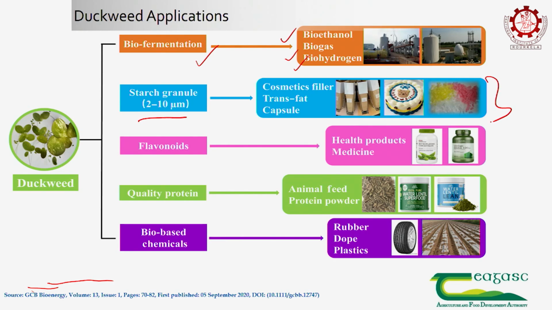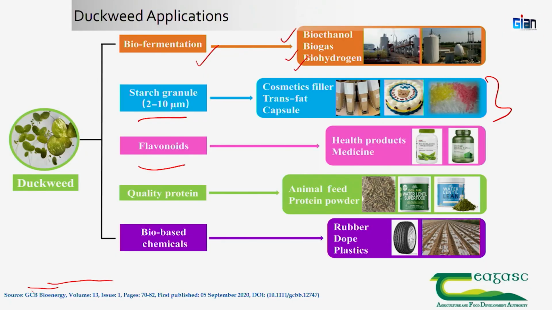So there can be a number of different applications. All these applications are non-food applications, just because when we are using wastewater, you have to go through the regulation for food application. So you have a lot of non-food applications. Then you have flavonoids. Different types of compounds can be formed, which are again bioactive compounds. You have protein for both animal feed and as a protein powder.